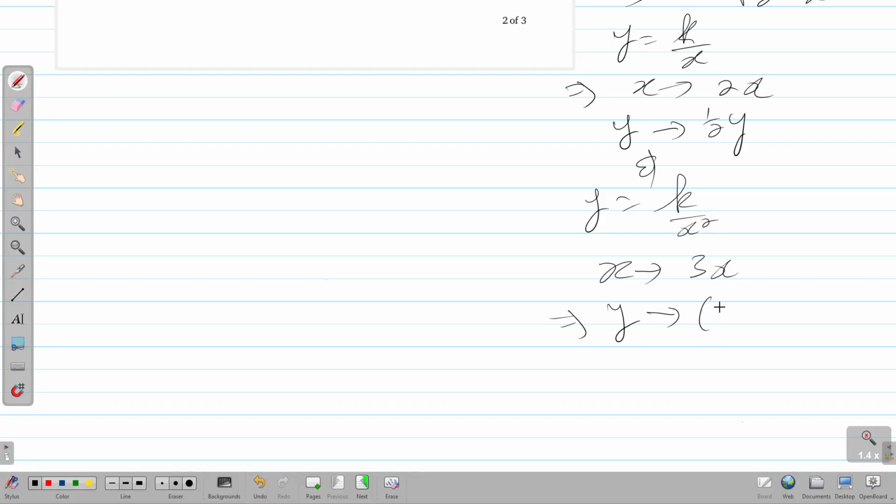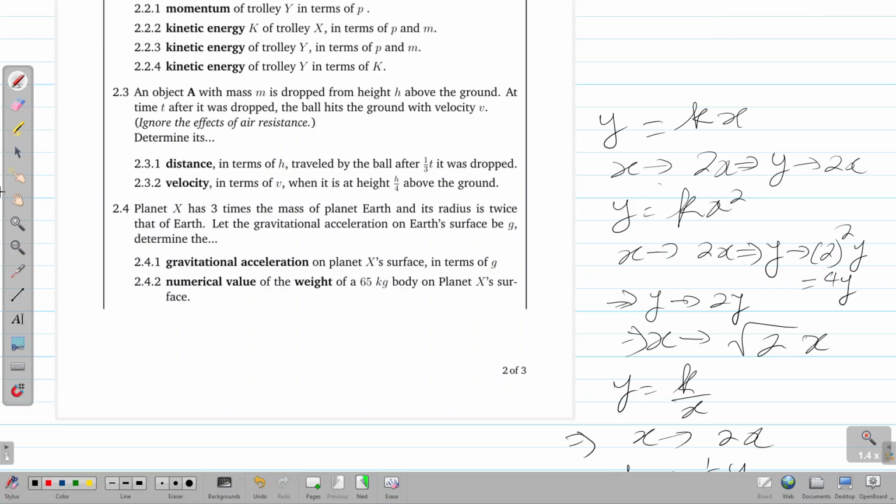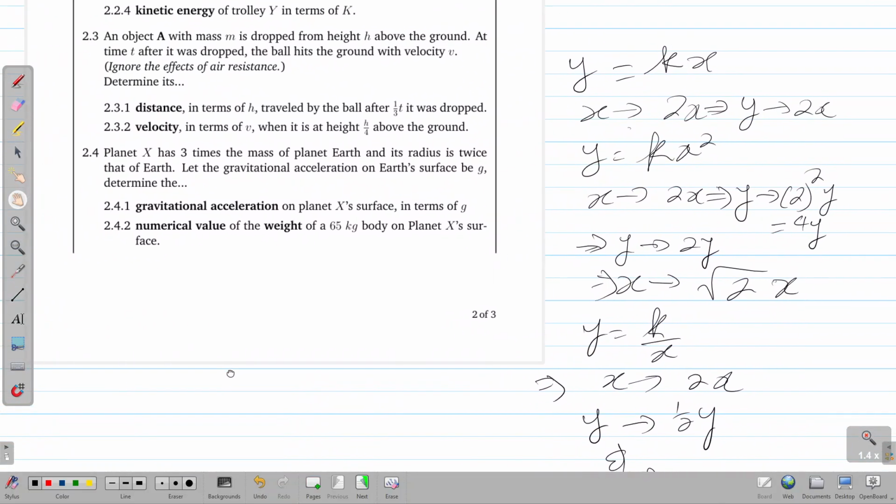So the inverse is 1 over 3, and we have to square that, which would imply that y would change by 1 over 9 of the original y. So that's basically what we are doing in this tutorial. We will answer these questions the same way.